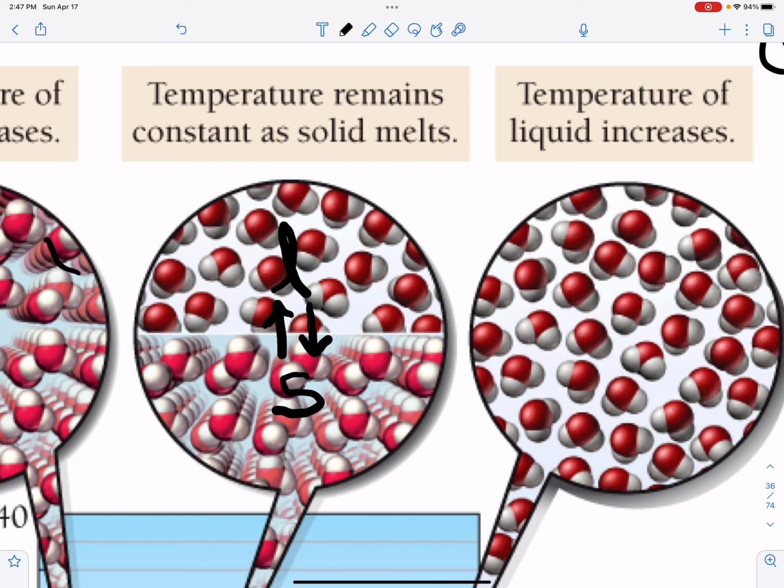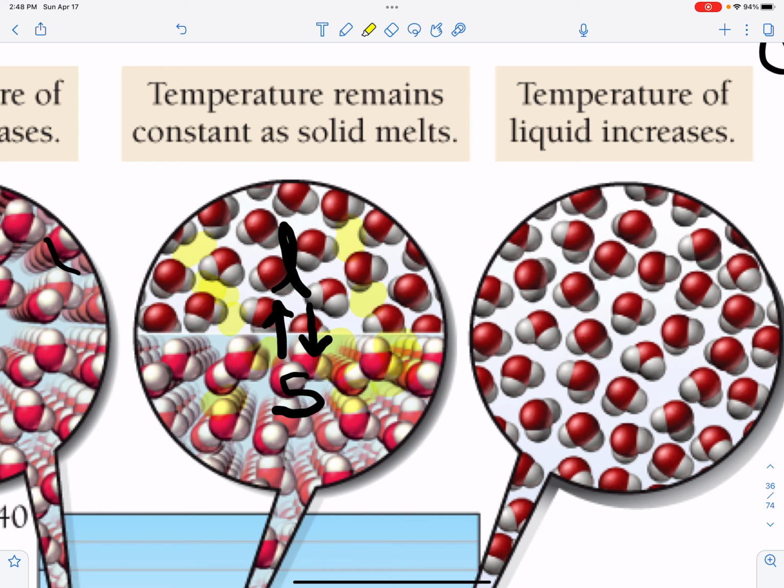You can see how on the solid, the intermolecular forces are very active and arranged, while on the liquid, you're going to have more separation now. To go from a solid to a liquid, you're going to have to warm up the system, which means the molecules are going to be moving faster. Therefore, they're going to start disrupting the intermolecular forces, and it's going to be more fluid.